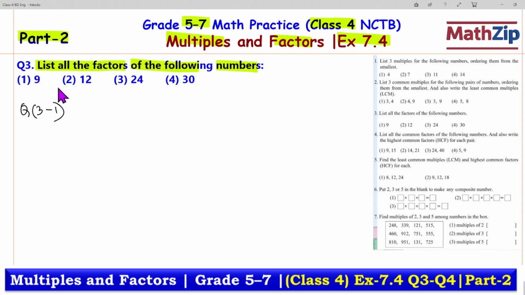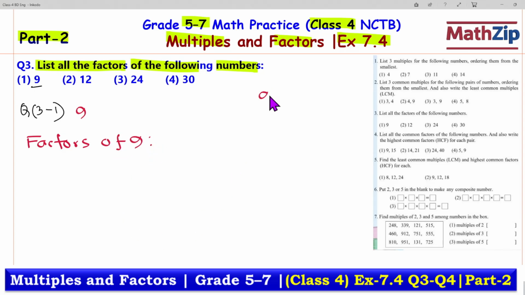Question 3.1. We have to find out the factors of 9. So how can we find the factors of 9?